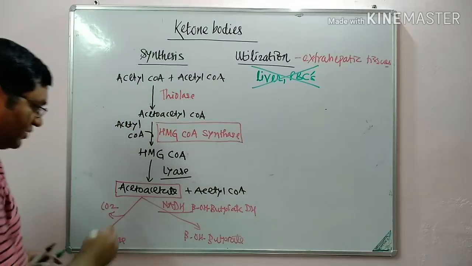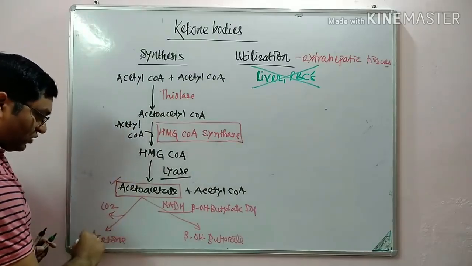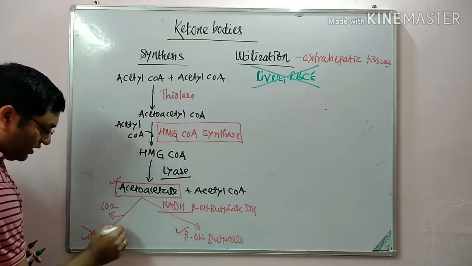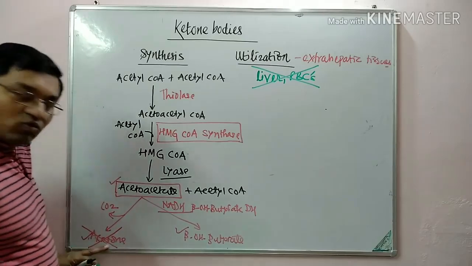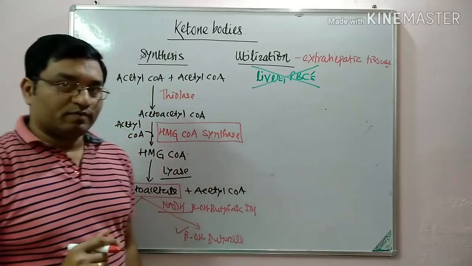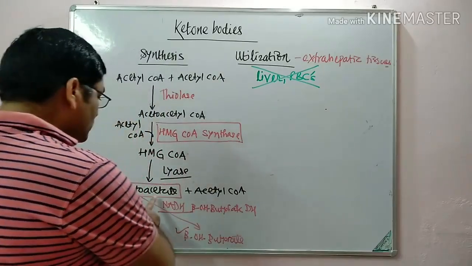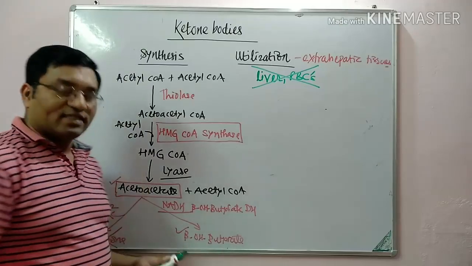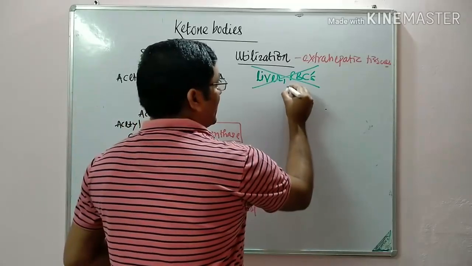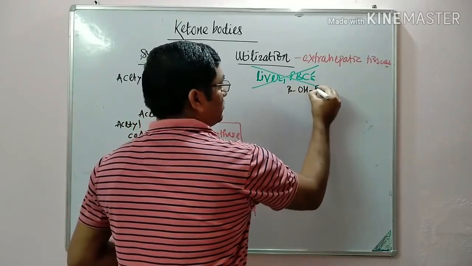Of these three, acetoacetate, acetone and beta hydroxybutyrate, acetone is a volatile substance. It is not metabolized in the body and gets exhaled through the lung, while beta hydroxybutyrate and acetoacetate are metabolized.